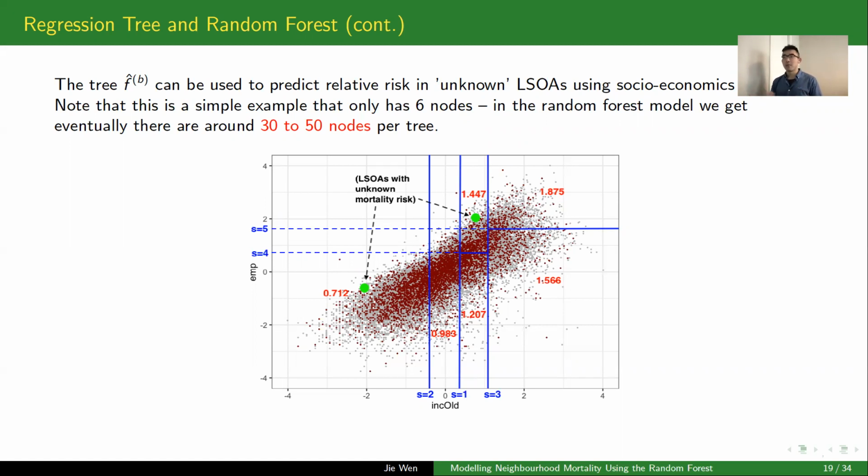But actually in the real world, or in the random forest model we get eventually for our purpose, for every single tree there are always around 30 to 50 nodes in total, which is much more accurate and granular than this stylized example. But of course, if we have such a complex tree, it's not that easy compared to this one to visualize in front of you. So that's why we have picked a much simpler stylized example here instead of the real function we use in the real world.